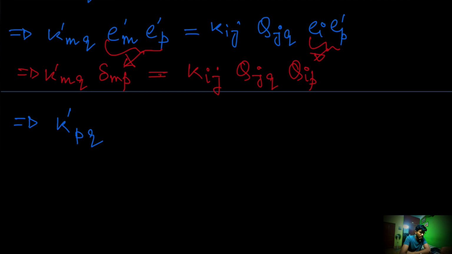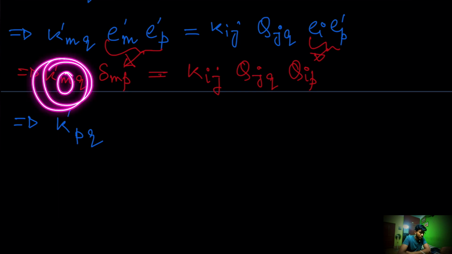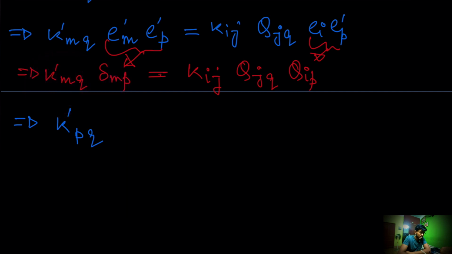So now your objective will be, whenever you have this delta matrix, the Kronecker delta, you just seek these subscripts in any other term. So here I have this M common, so I will just replace this M by this another alphabet P. I will take advantage of the fact that delta MP is equal to 1 when M is equal to P, right?